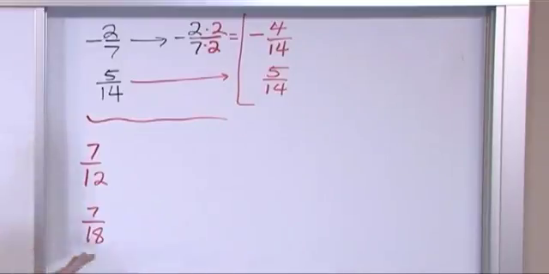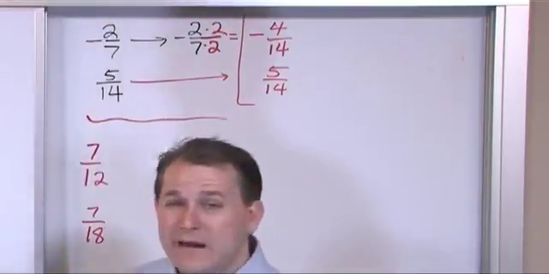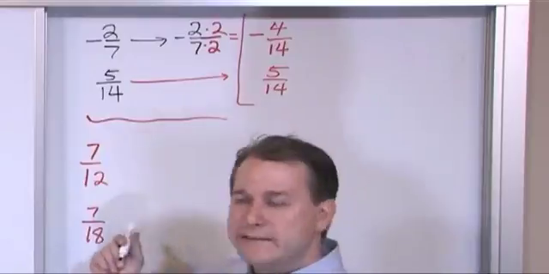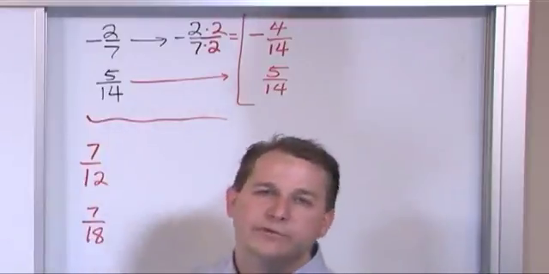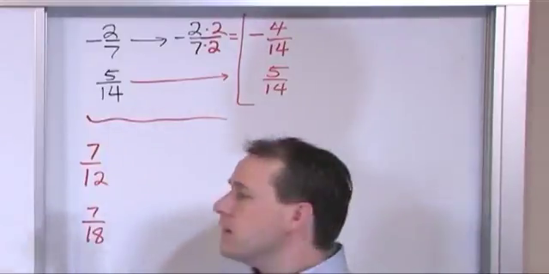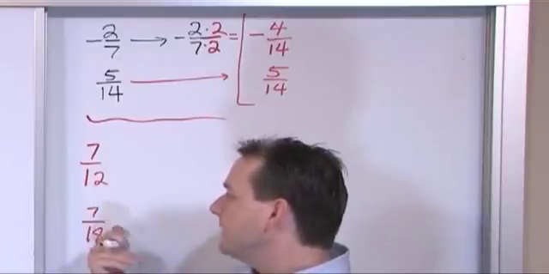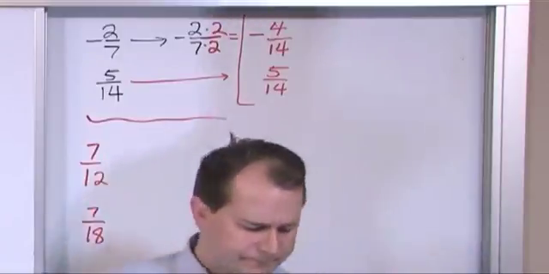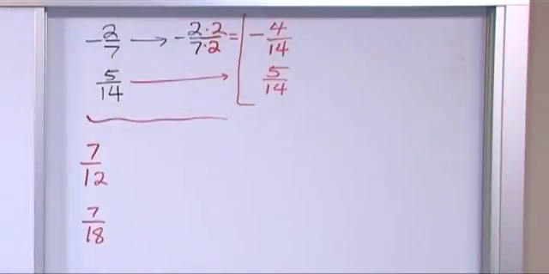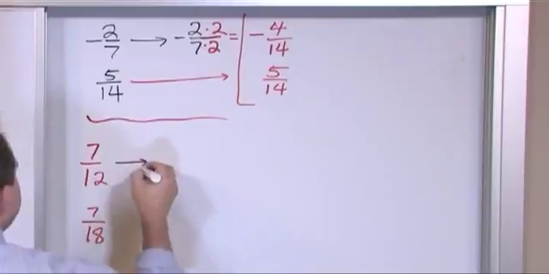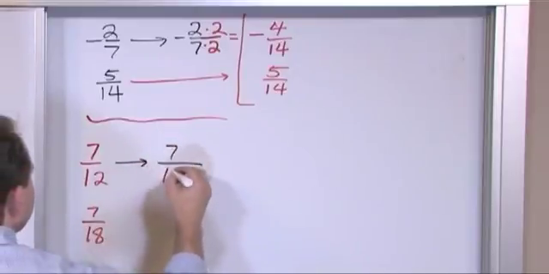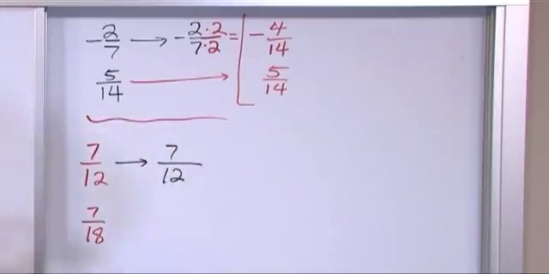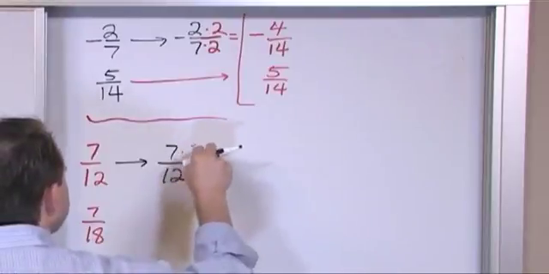What you need to do is basically try to find the smallest number that each of these denominators is going to be able to divide into. Another way of saying it, find the smallest number that I can get by multiplying each of these denominators by something. The smallest number that's going to work in this case is 36, because if I take 7/12, this fraction that I'm dealing with here, what if I multiply this by 3?